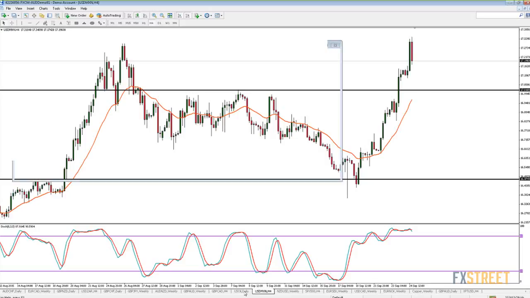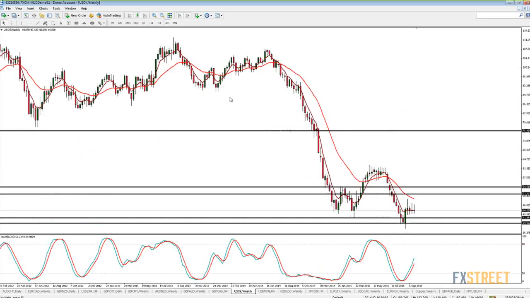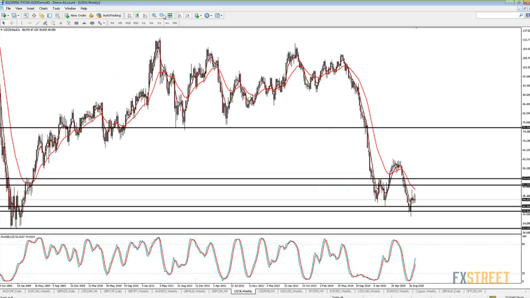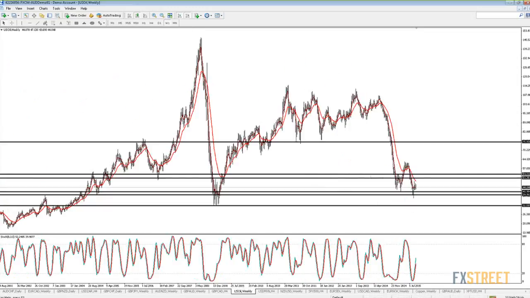I mean, it really does. So although we're kind of flat here and a little rangy, it's still on its face. But in the same token, where would the extreme be on oil?